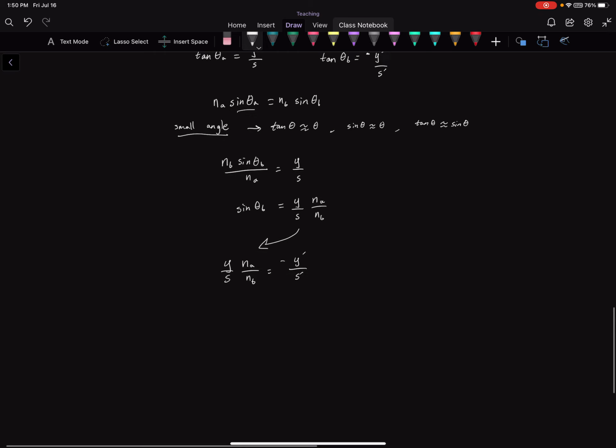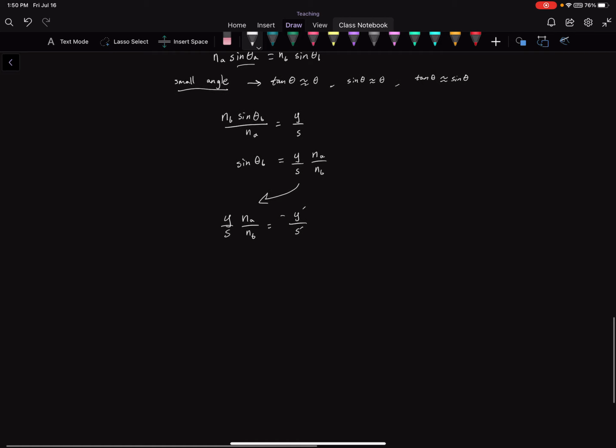And we know that what we would like to arrive at is a relationship for magnification, right? Which is y prime over y. But we want to arrive at that in terms of other things. So now we can do that.